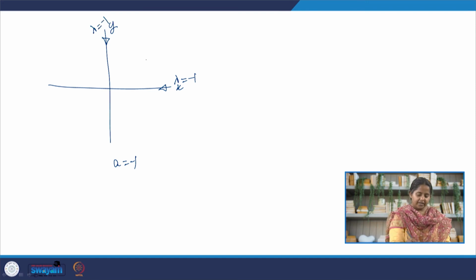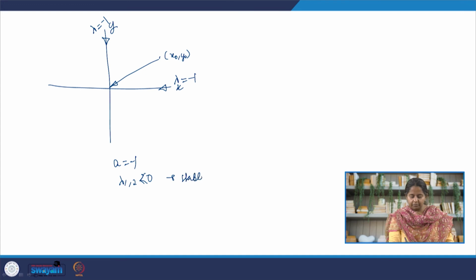So, what we will see in this particular situation, when both lambda values are equal, is that, let us say this is our starting point x naught, y naught, we get straight lines. Now, notice again here both eigenvalues are less than 0. So, again we are dealing with a stable node, but it is very interesting that your trajectories look like straight lines.